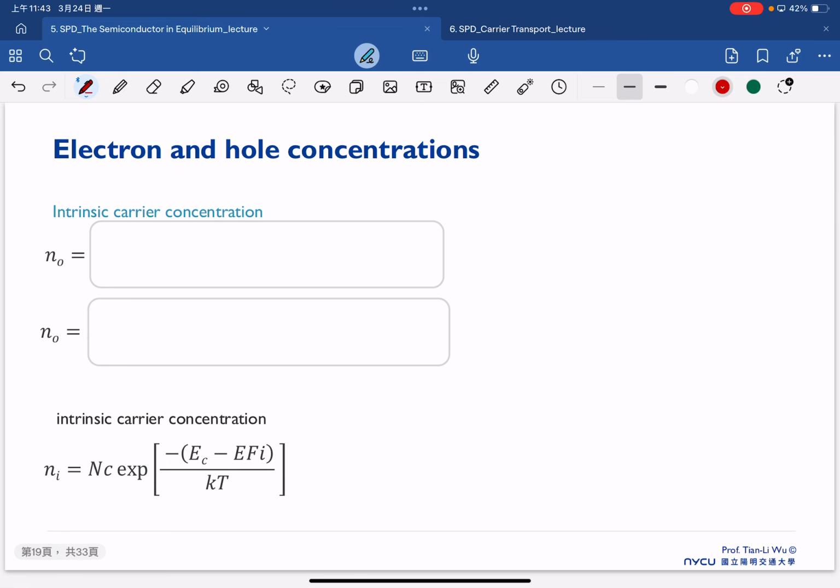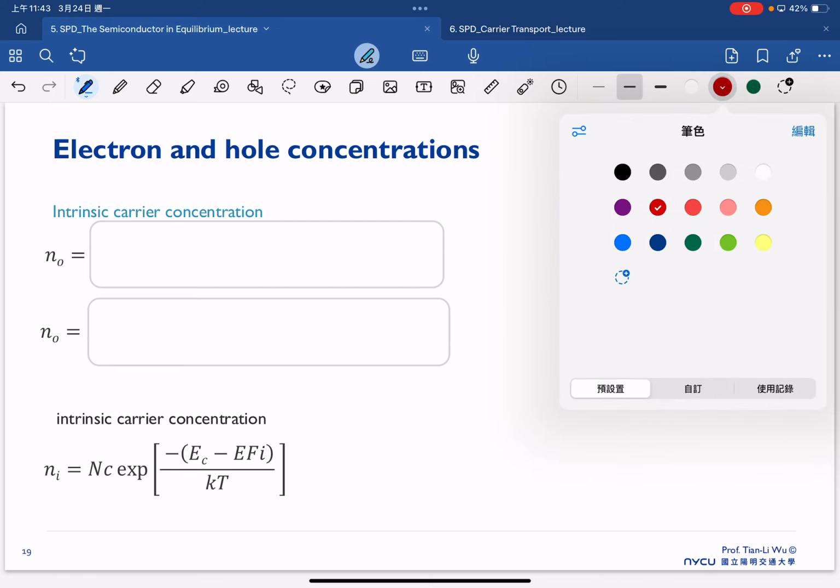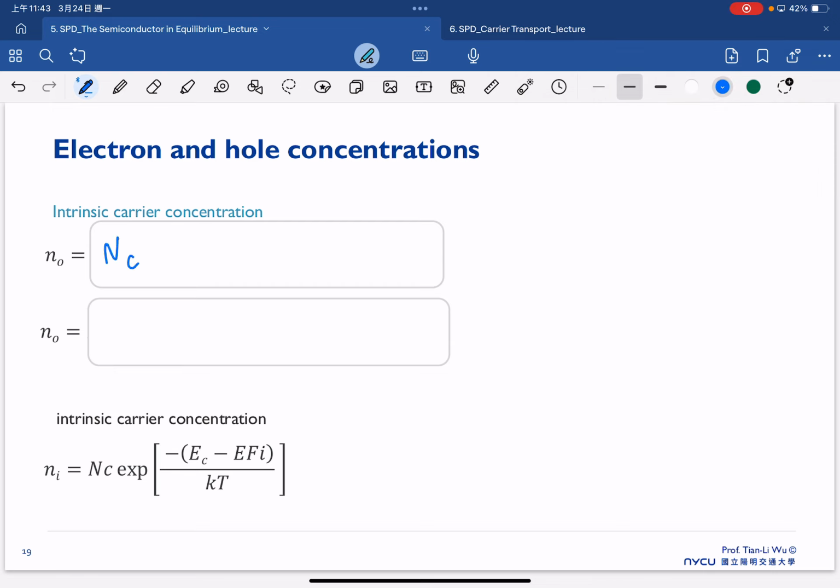Okay, so we can still try to have some equations here. We already know N0 is equal to NC exponential, so we can play a little trick here. We consider the EC minus EFI plus the EF minus EFI here.